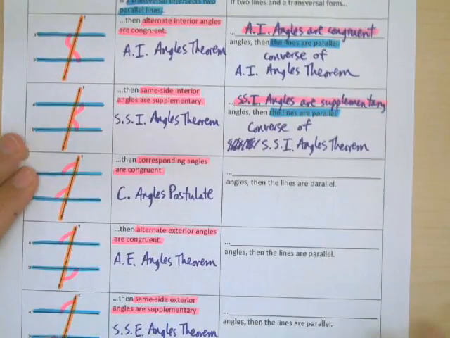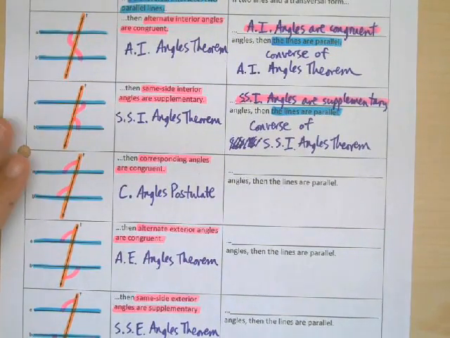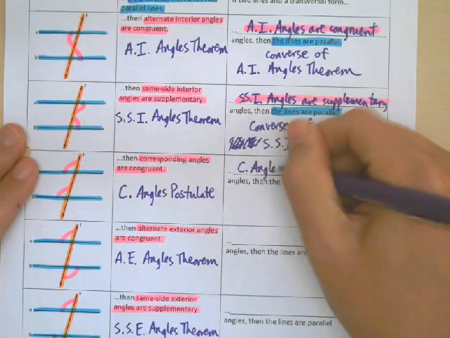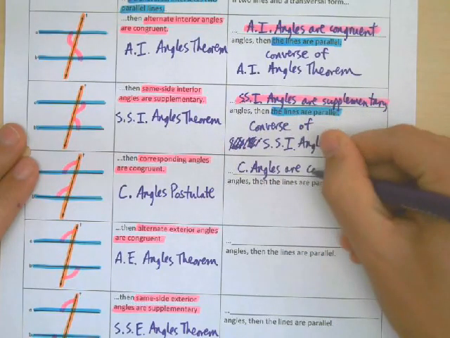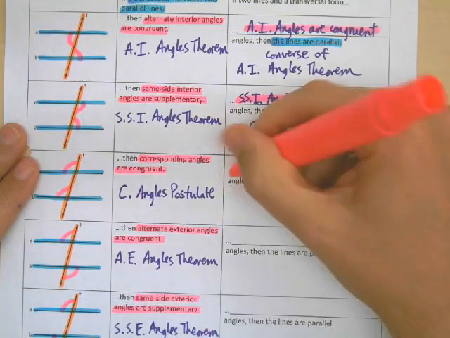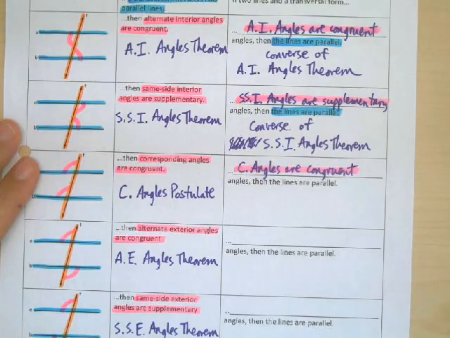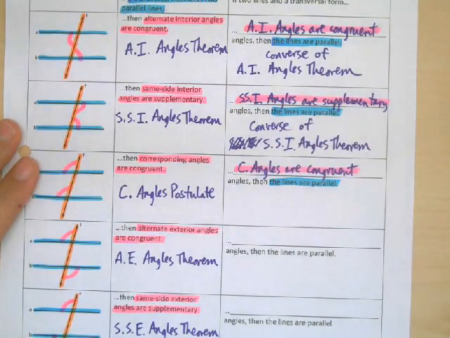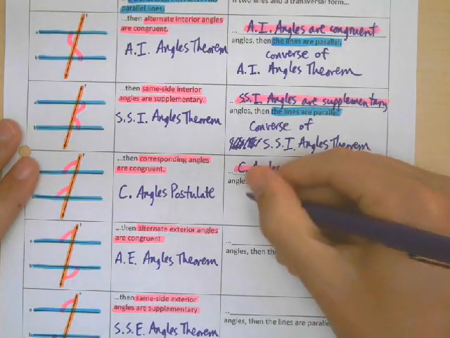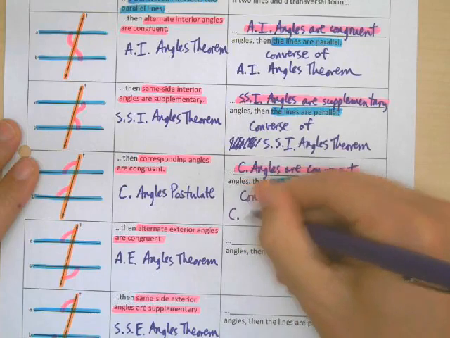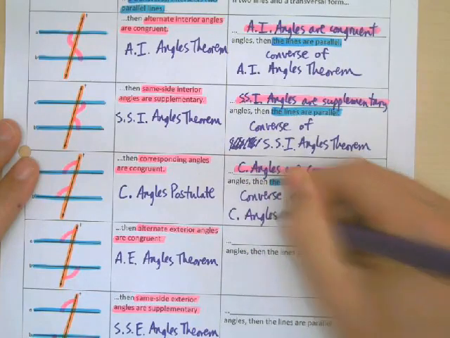To continue, if we started by knowing that corresponding angles are congruent, we could conclude that lines are parallel because of the converse of the corresponding angles postulate.